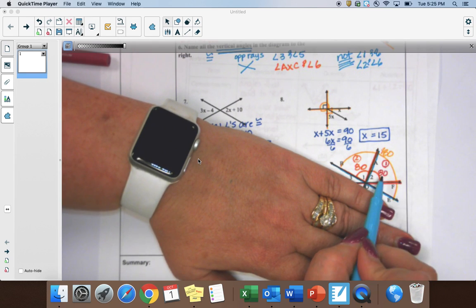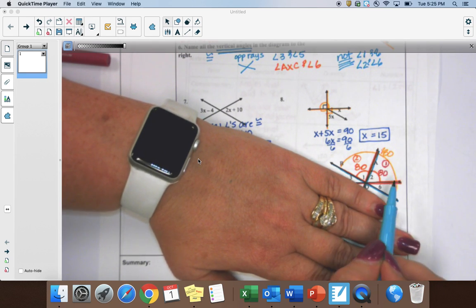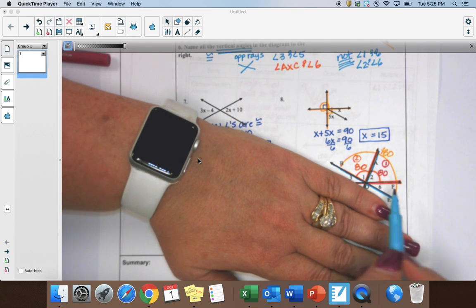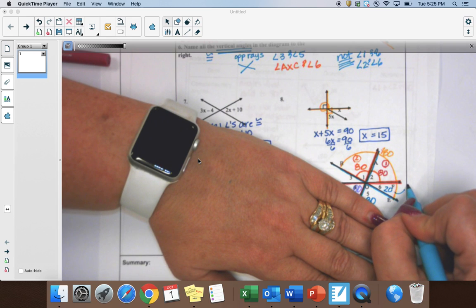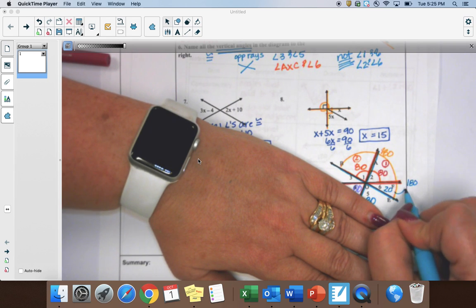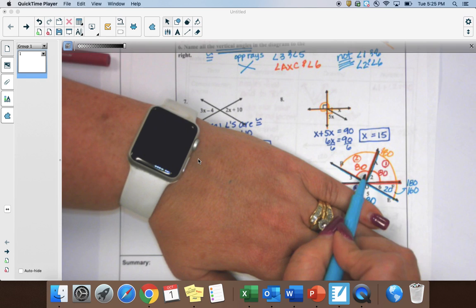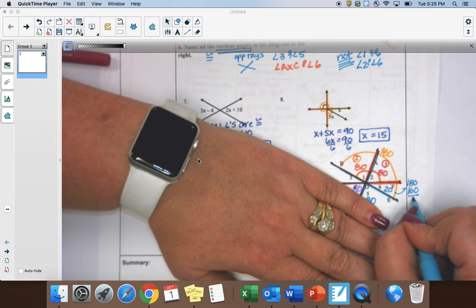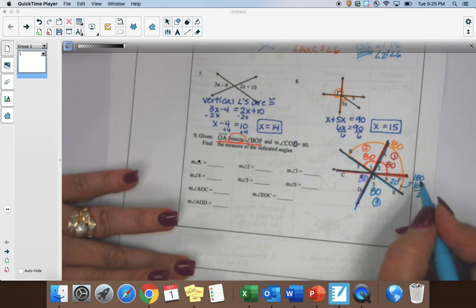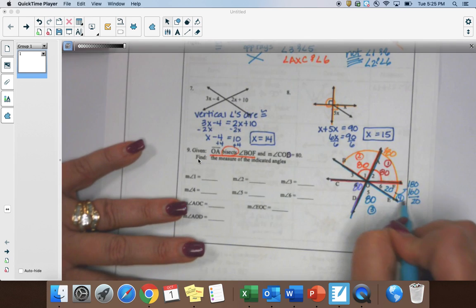And so if I take that 160 and subtract it from 180, then angle 6 would be 20. Okay, let me say again. It was 180, and I subtracted 160 that came from this 80 plus 80. So that's where that 20 came from. So that was the fourth thing I found.